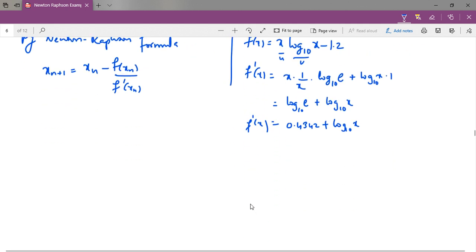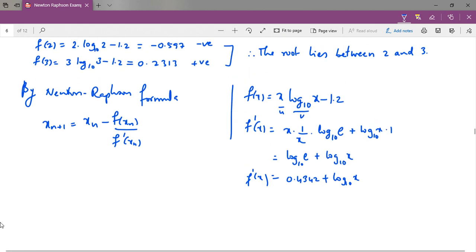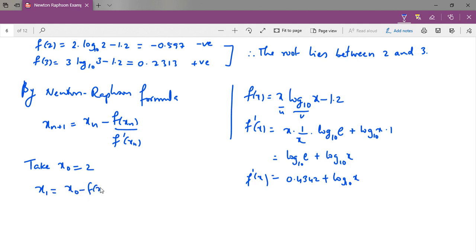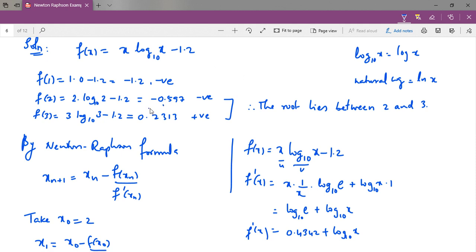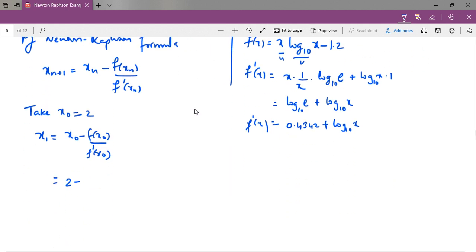Once we have f dash of x and f of x, let us take the initial approximation x naught as 2. For x1, x naught minus f of x naught divided by f dash of x naught. We assumed x naught as 2, and f of x naught is already calculated as minus 0.597.